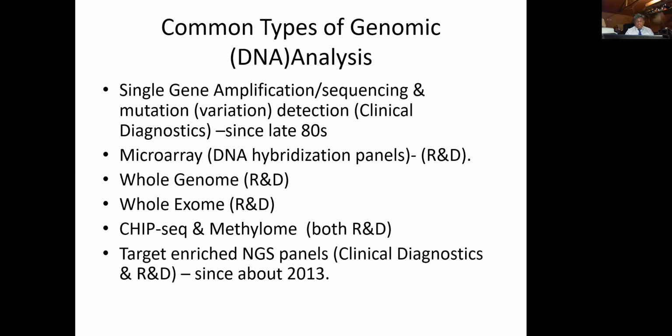But that was single genes. That process sort of changed with the requirement of a lot of diseases being caused by multigenic mutations. In other words, mutations in more than one gene.